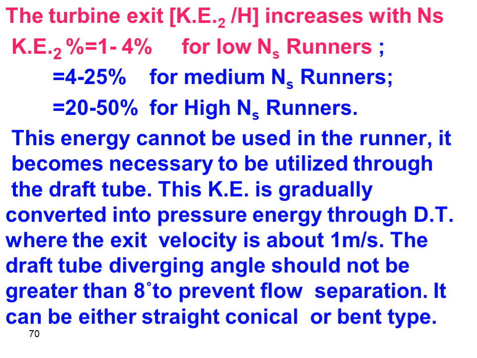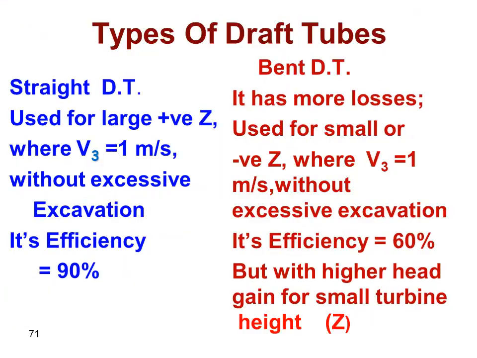Okay, what about the divergence of the draft tube? As we know, it consists of a conical shape with a divergence angle. The permissible divergence angle here is not more than 8 degrees in order to prevent separation. As we see here, we have a straight draft tube.